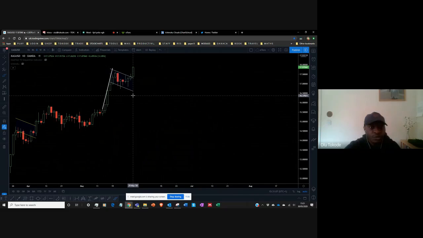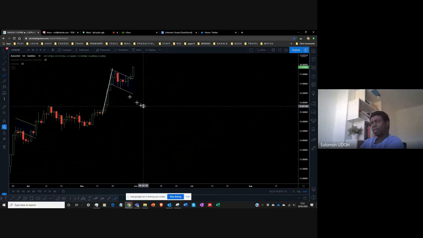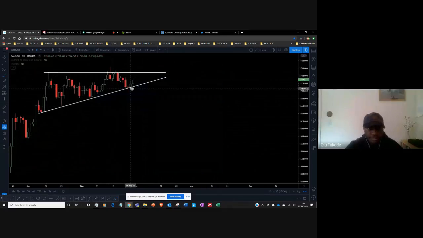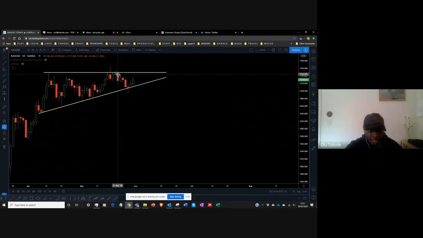Silver had a move of 2.85%. Gold, very weak, 0.63. In some cases, it's even declining. So silver is currently outperforming gold.